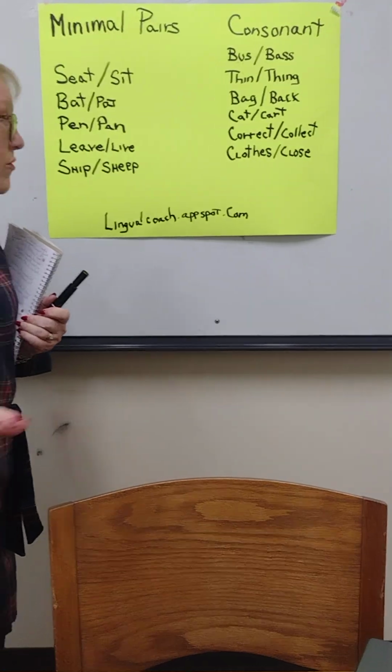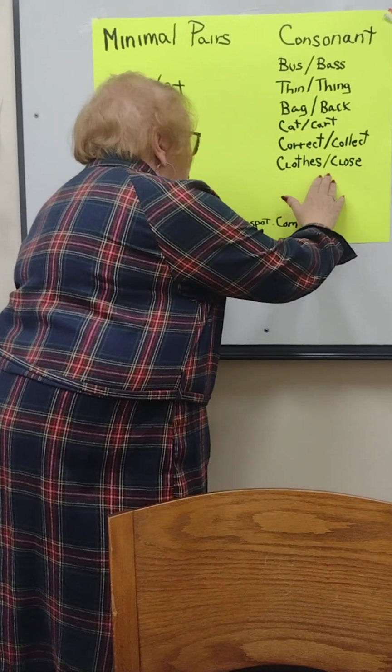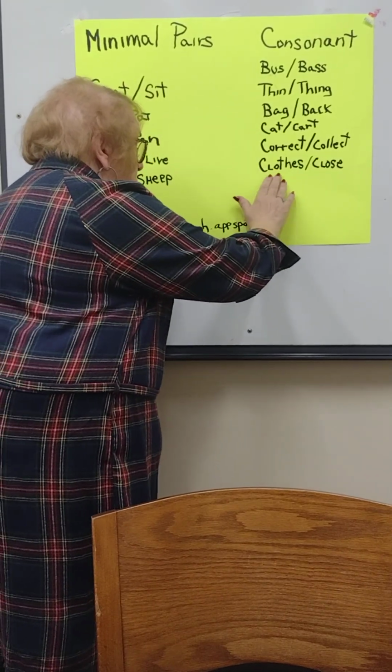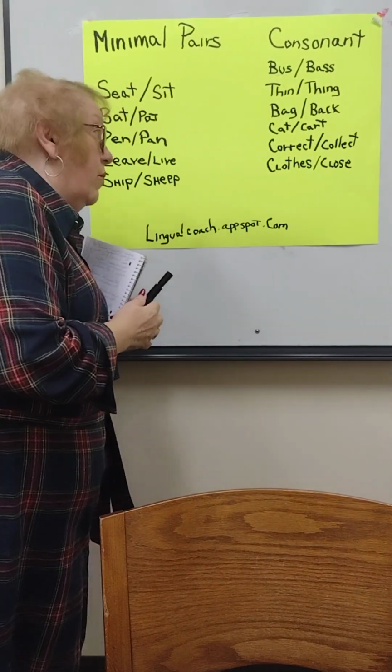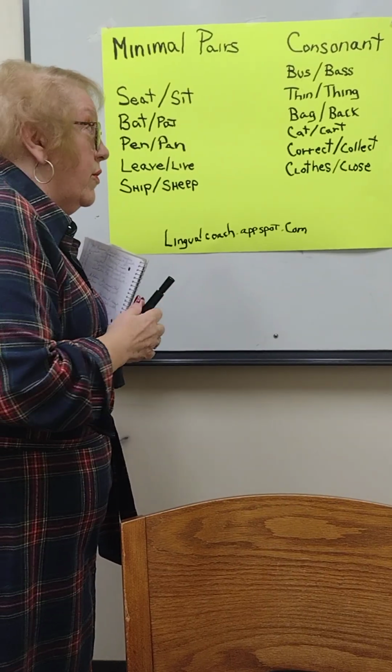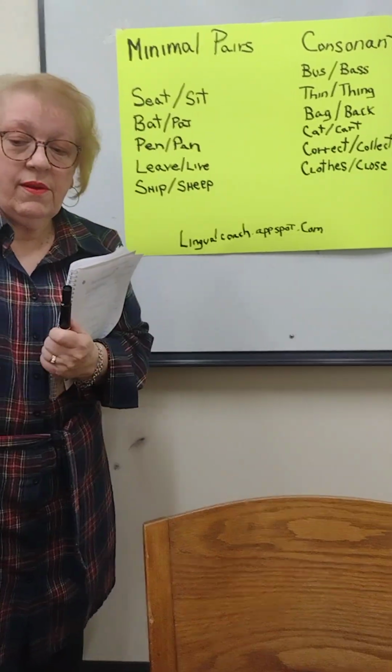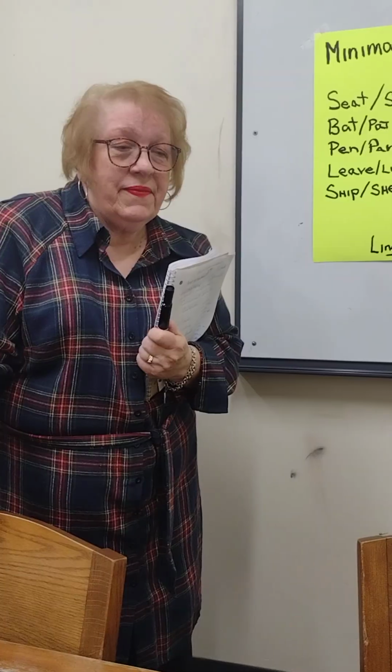These almost sound very similar, the same, but they have two different meanings. Clothes, meaning garments that you would wear, and close would be like close the door. Okay? Does anyone have any questions about that?